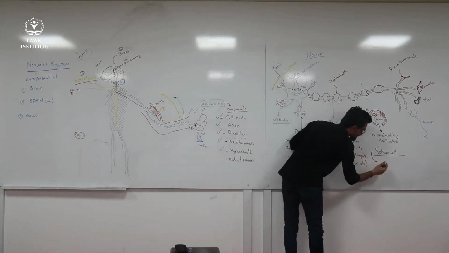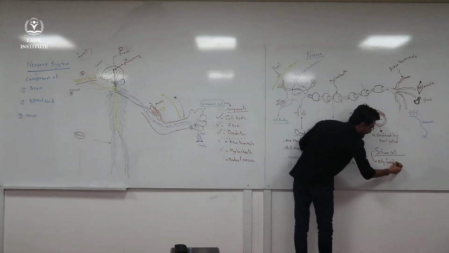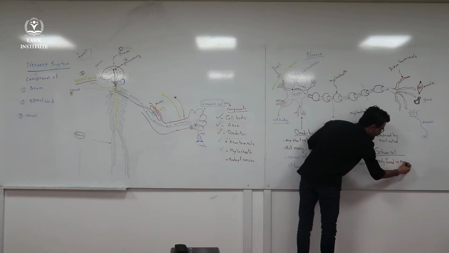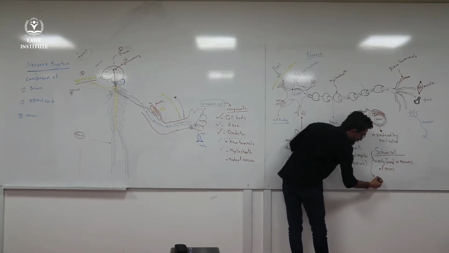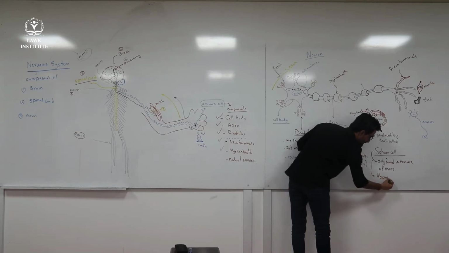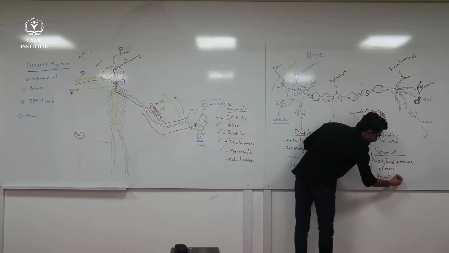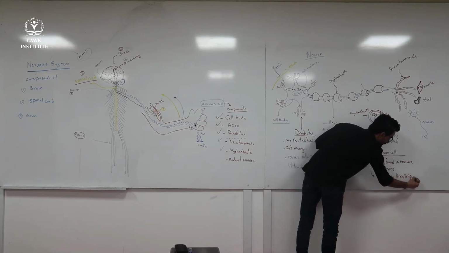So let me tell you this. Schwann cell is only found in neurons of nerves. So it's also okay to say Schwann cell is absent in brain and spinal cord.